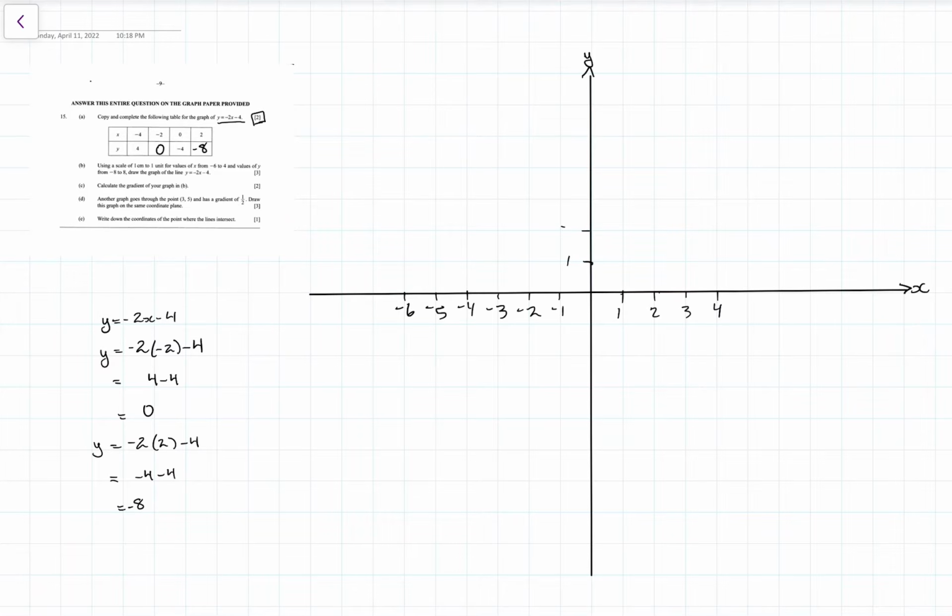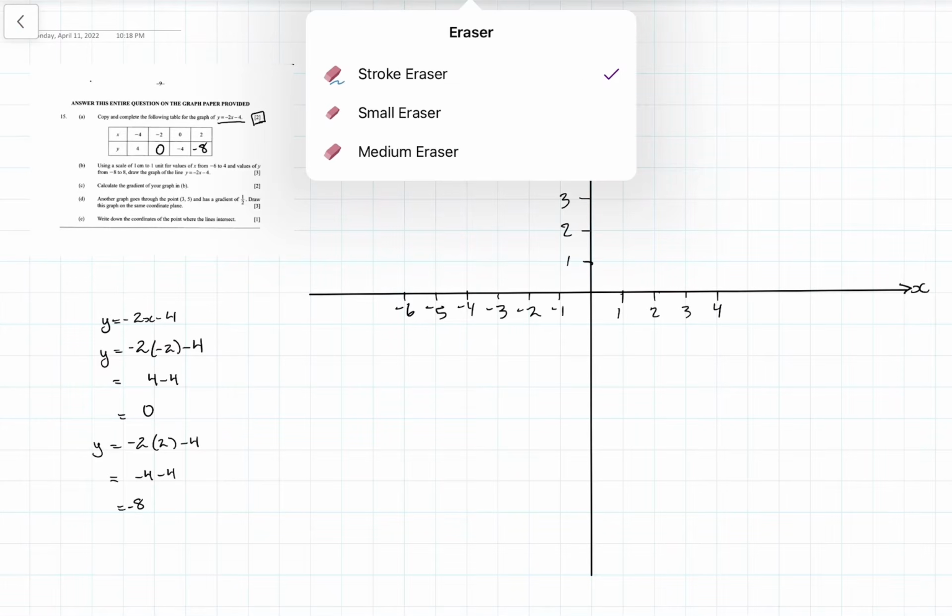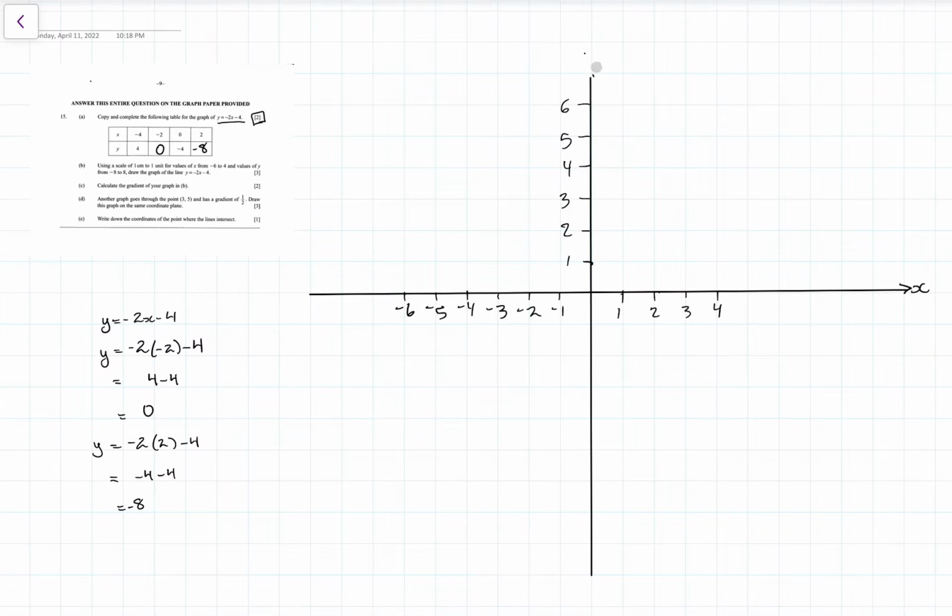So 1, 2, 3, 4, 5, 6. Okay, let's get my small eraser because I didn't get enough. That's 7. So then that last one is going to be 8. Just extend that a bit. And then negative 1, negative 2, negative 3, negative 4, negative 5, negative 6, negative 7, and negative 8. Cool.